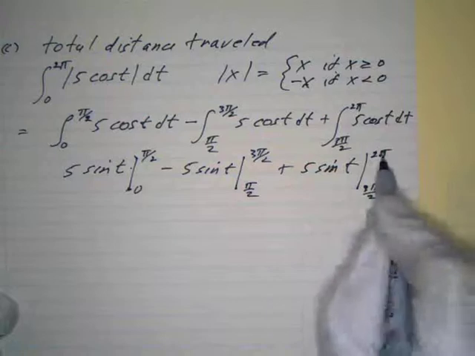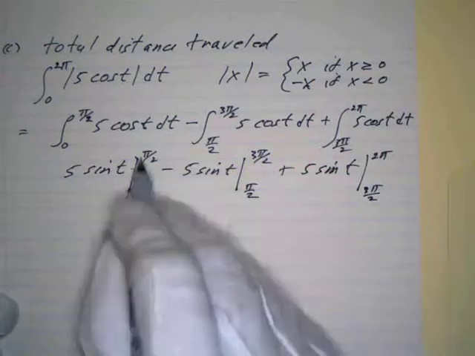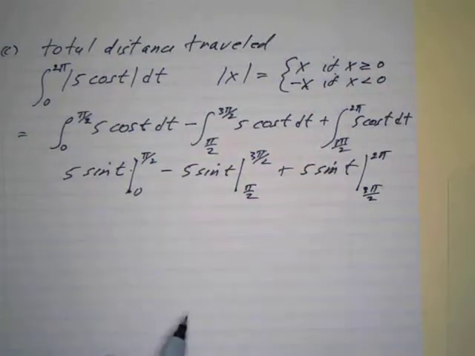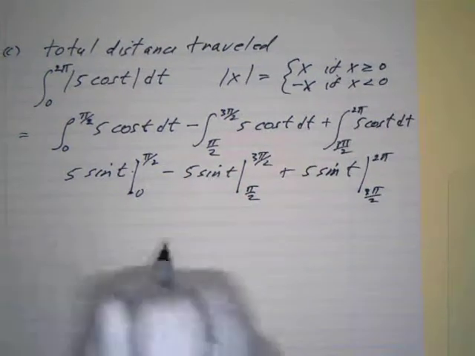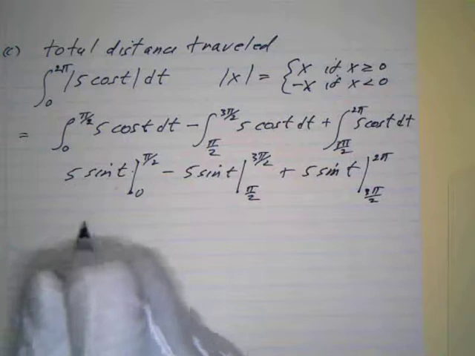There's your f of b minus f of a. We've got a constant in front. We can factor out the constant if it makes it easier, but I'll just leave it in front for now.